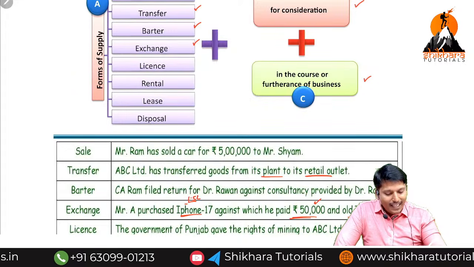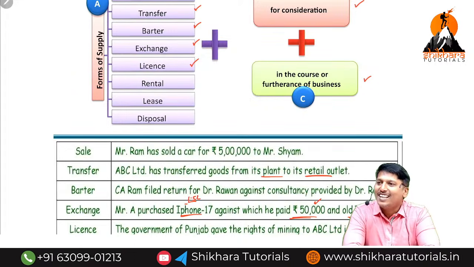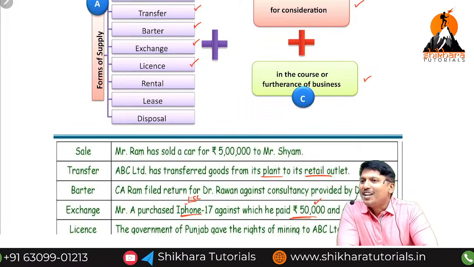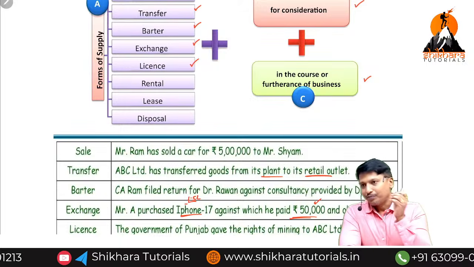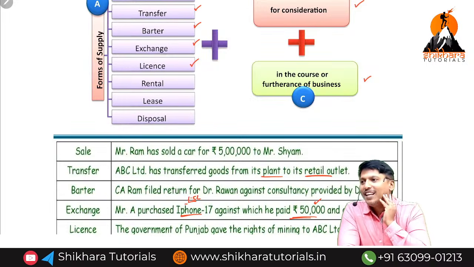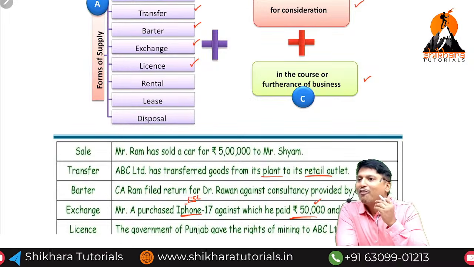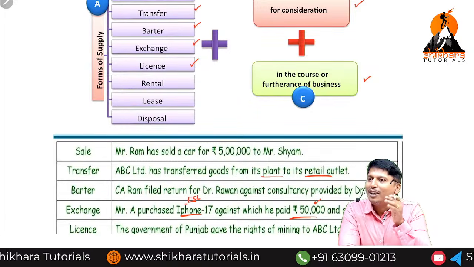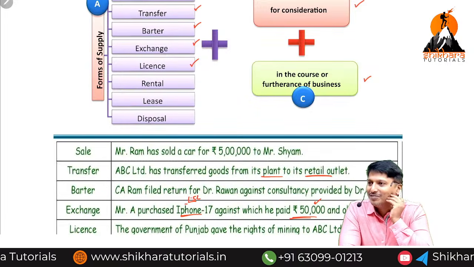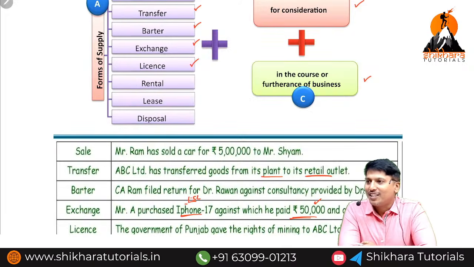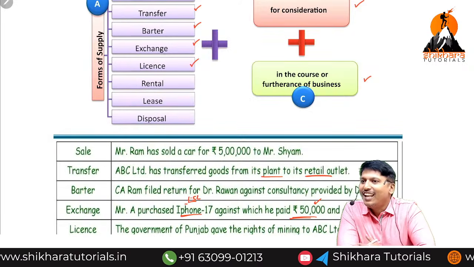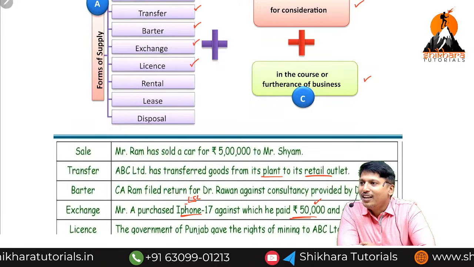Okay, next, license. So what is a license? Patents, trademarks, copyrights. Now, Bachpan school is in Delhi. I took their franchise and started the Bachpan school in Tirupati. I paid rupees 40 lakhs to get the franchise. It is a license.